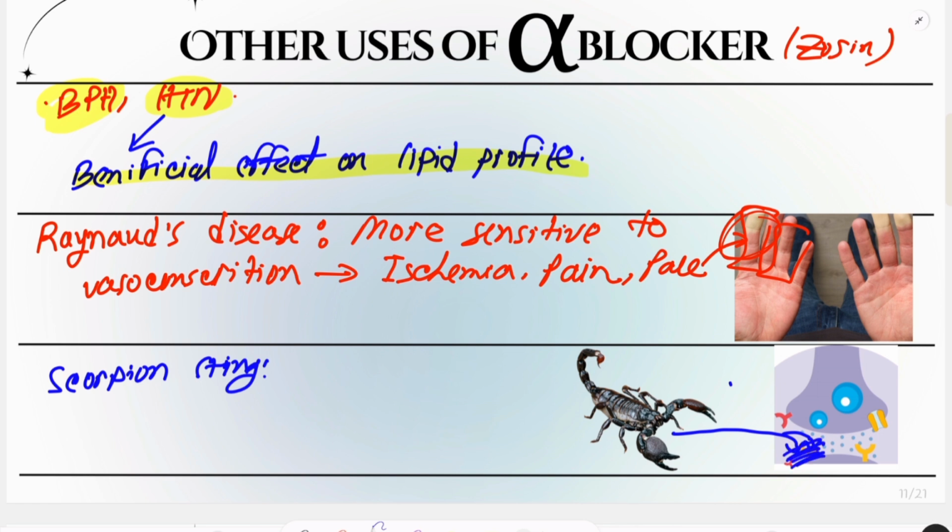So there will be no hypertension and the condition is reversed. So we can use the osin group of drugs here. In fact, the osin group of drugs are drug of choice in scorpion sting. So we can use alpha blockers in benign prostatic hyperplasia, in hypertension, in Raynaud's disease, and in scorpion sting.